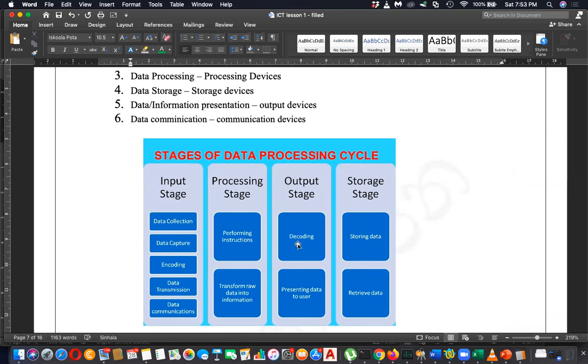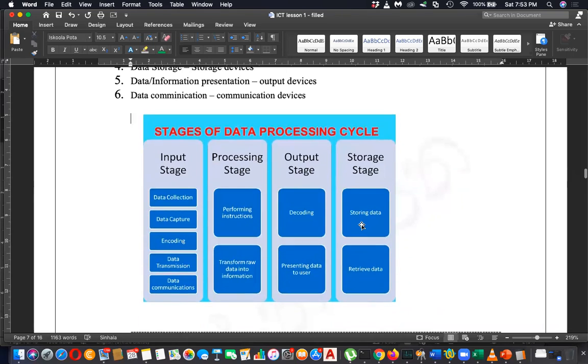Decoding means converting into the format that people can recognize. That's why it's presentation to the user.